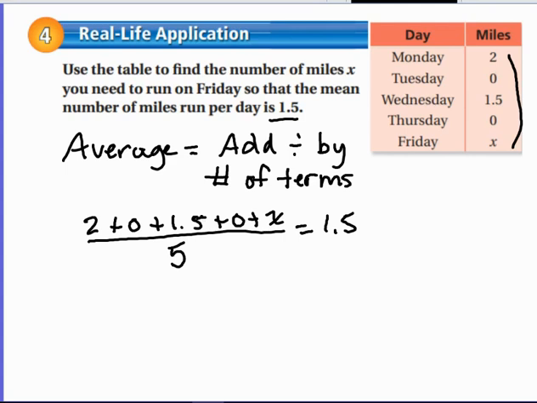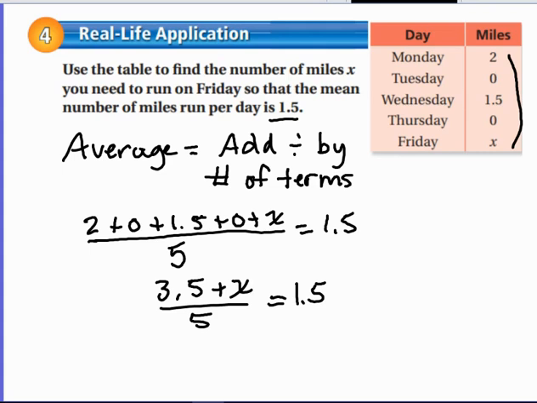So we're going to combine like terms above this division bar. This division bar is kind of like a grouping symbol. We have to do what's up on top first to solve this equation. So we have 2 plus 0 plus 1.5 plus 0. So adding those together, we get 3.5 plus x divided by 5 equals 1.5.